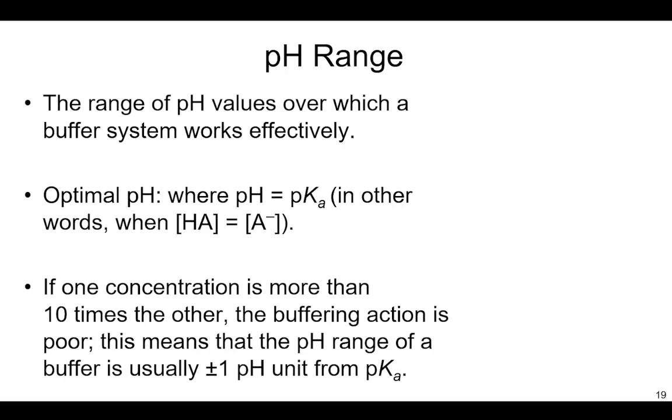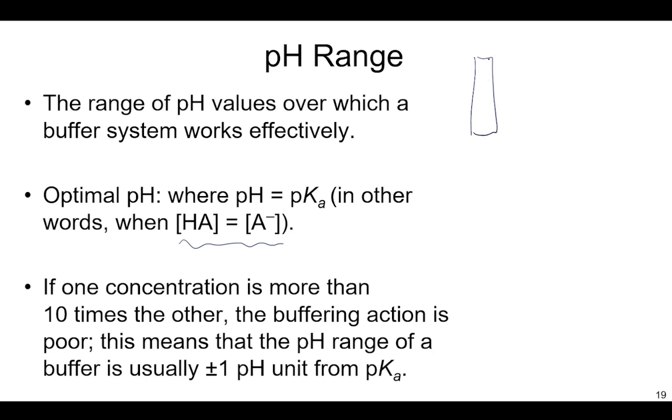The second concept here is the pH range. This is the range of pH over which the buffer is effective. And what should make sense is that the optimal pH of your buffer is when you have equal amounts of the acid and base pair, and there's a lot of them.